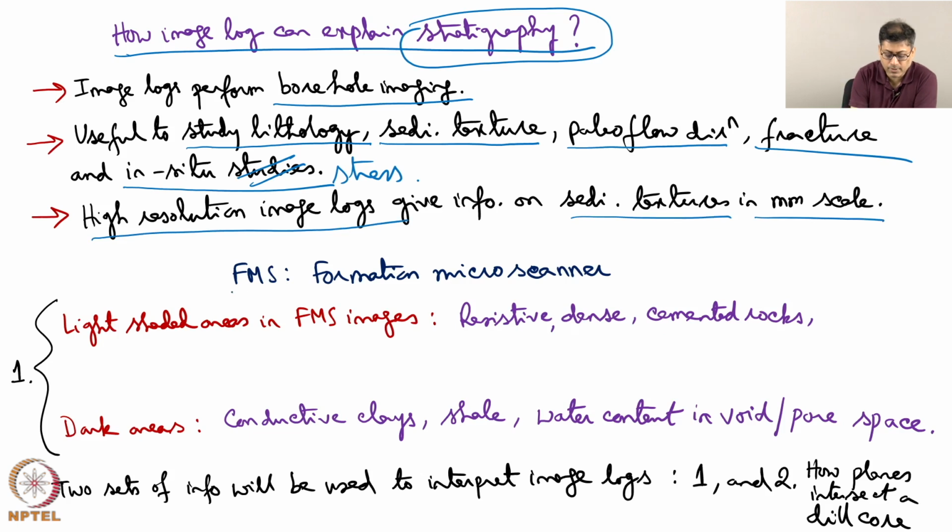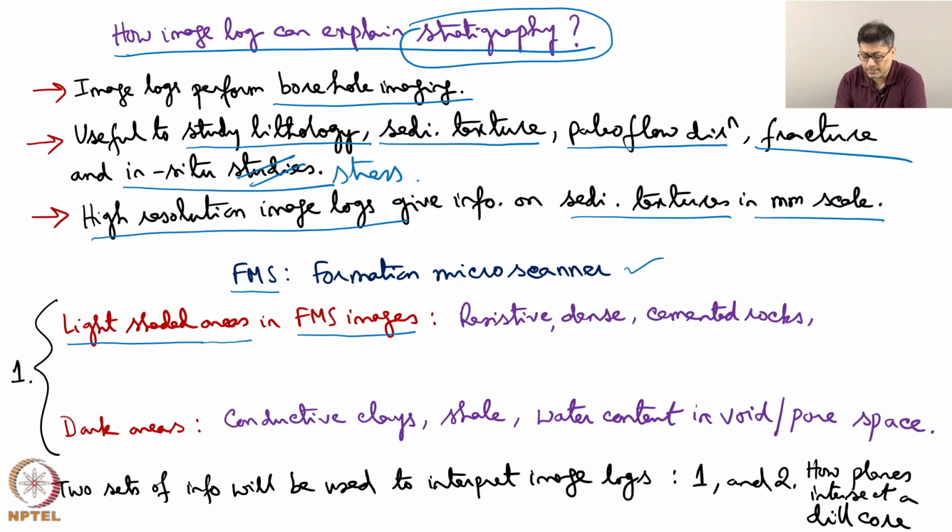We are going to use the word FMS, which is the abbreviation of the formation microscanner. Now, besides the planes being intersected on the drill core or on the borehole, a second aspect becomes important to study, that is the light shaded areas in the FMS image, which we are going to see with real examples soon.